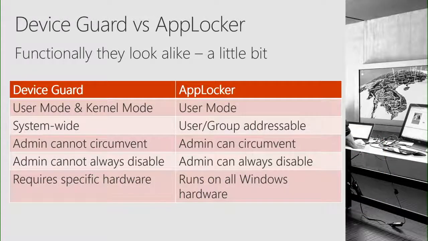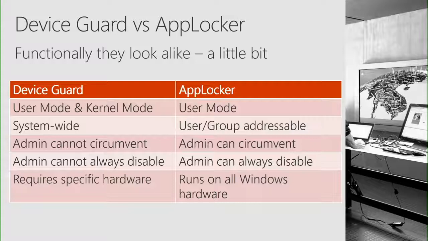So, in short, the differences between Device Guard and AppLocker are about running user mode and kernel mode, as Device Guard is checking kernel mode as well. It's very hard to circumvent by the admin. And even an admin cannot always disable your Device Guard policy.